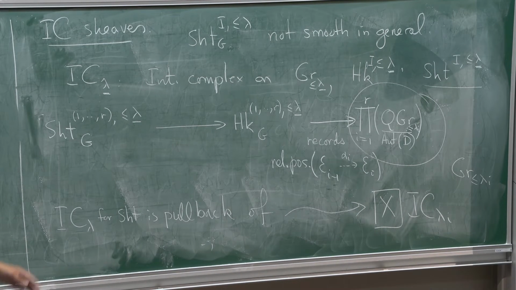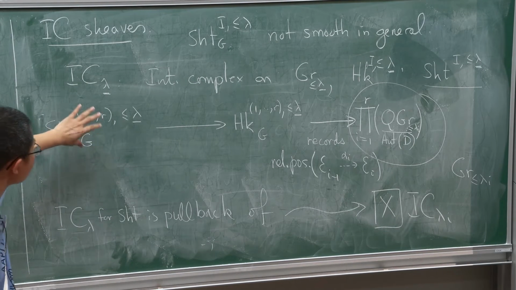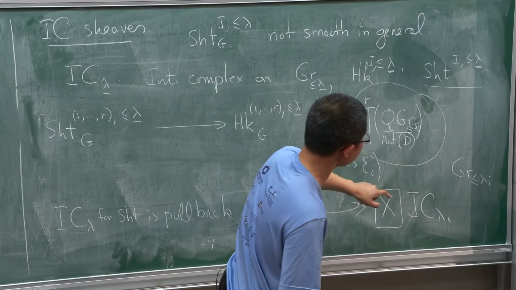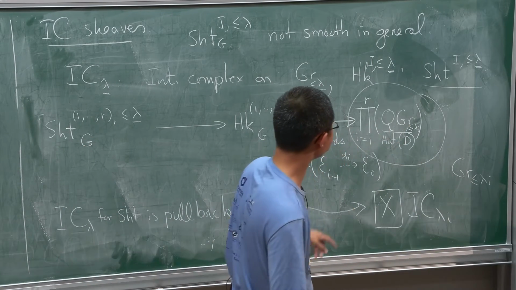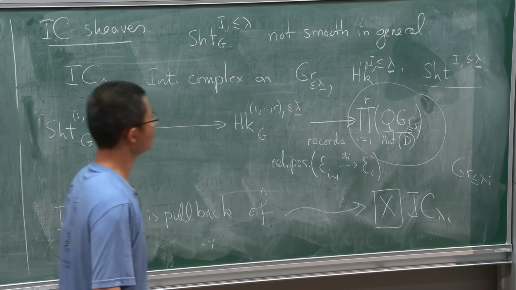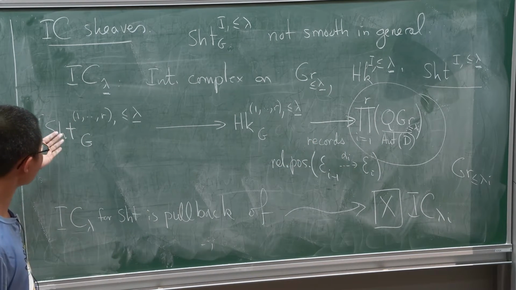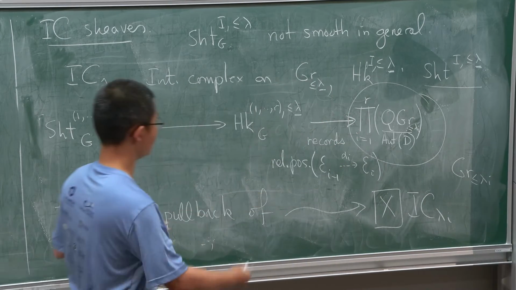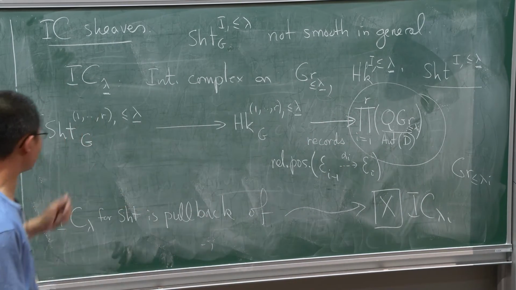So again, roughly speaking, the singularities of this iterated Shtuka are the same as the singularities of the product of the Gr lambda_i. And in the iterated case, we can really relate them by a formally smooth map, and IC pulls back to IC.